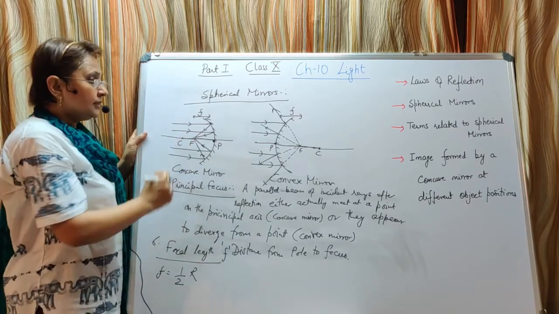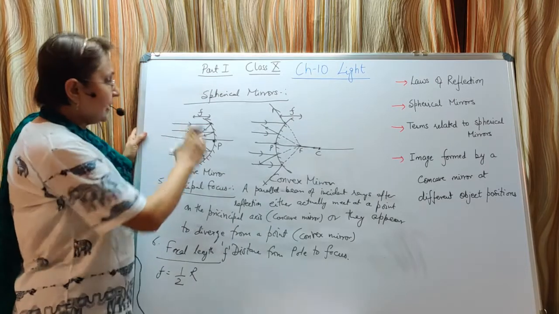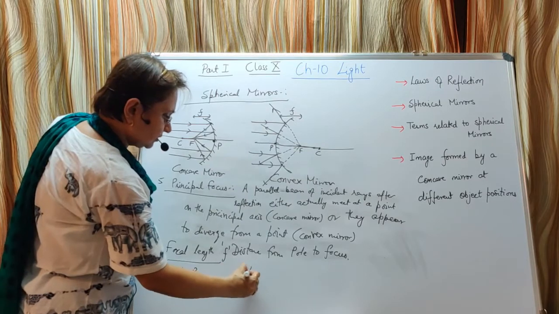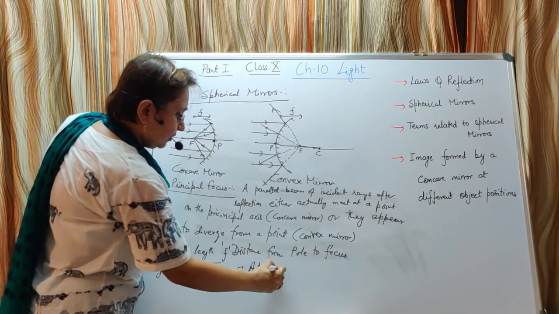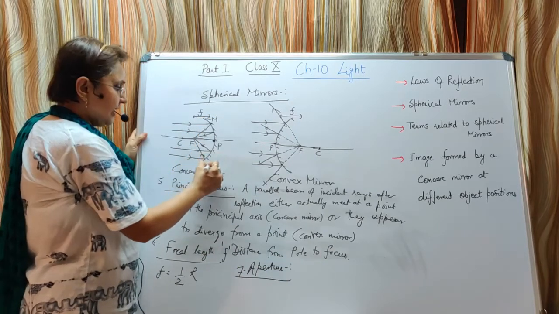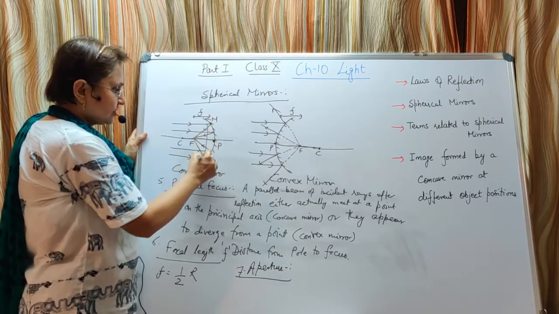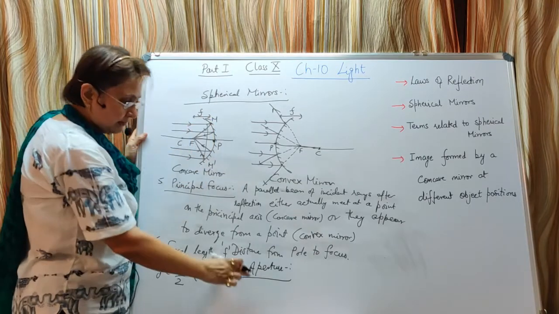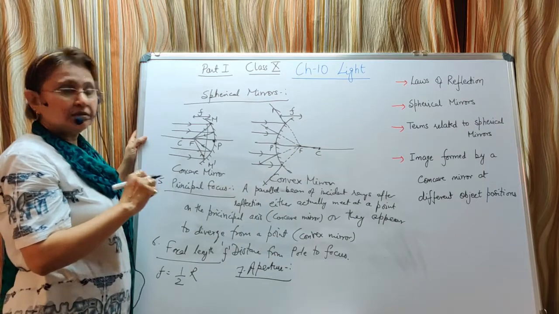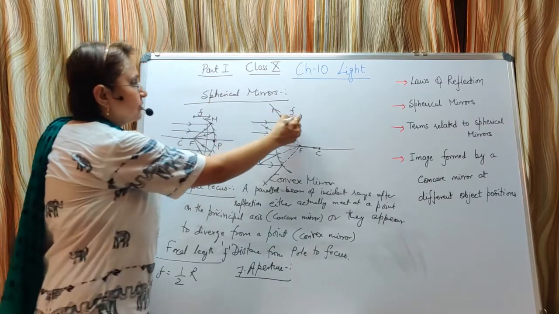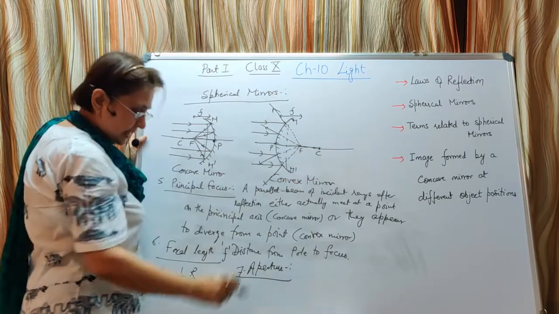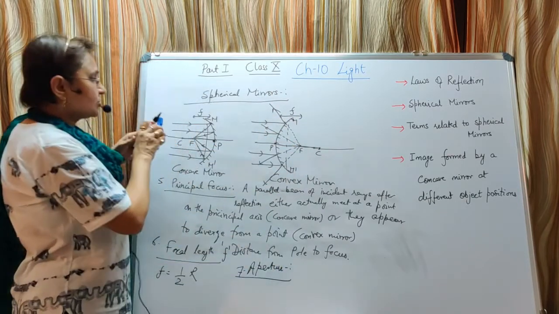Then the next point is aperture of the mirror. This M to M dash, if we draw a straight line, is the effective diameter of the spherical mirror. This distance M to M dash we call the aperture of the mirror.